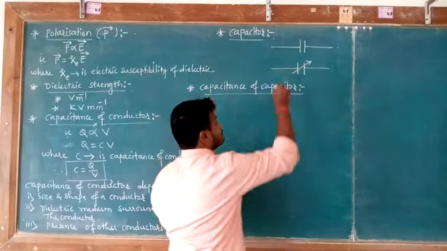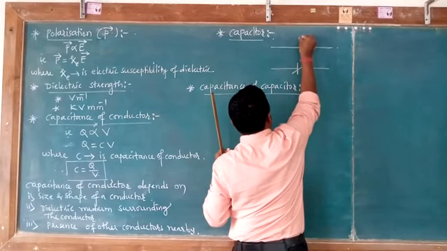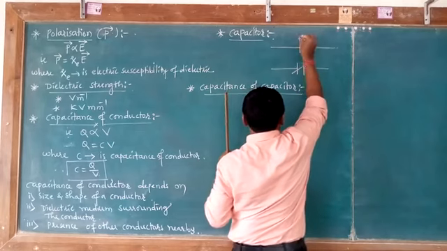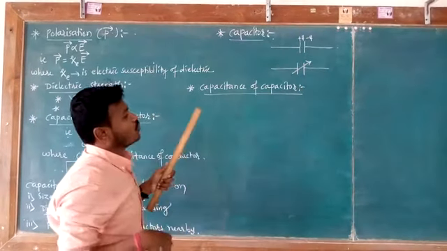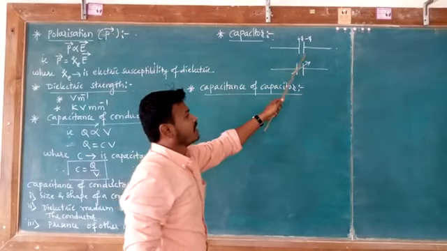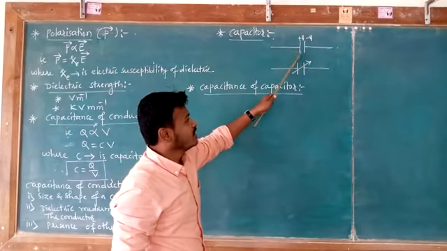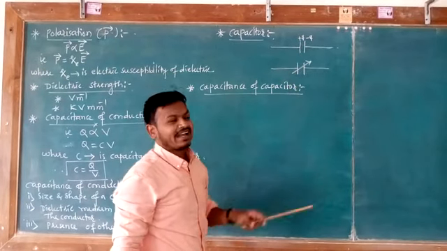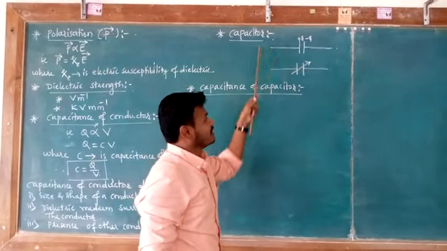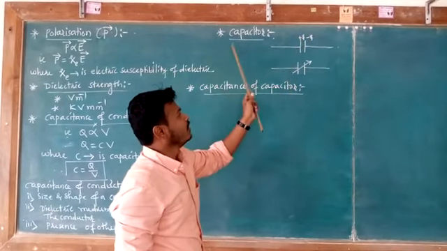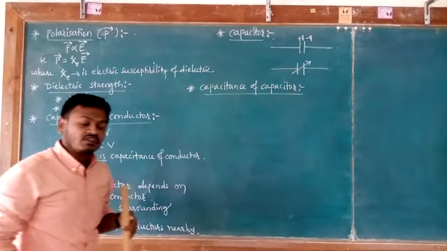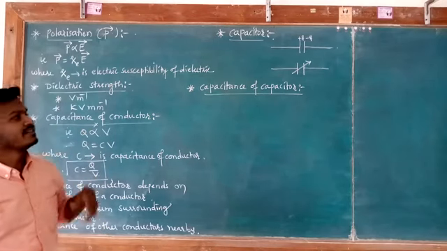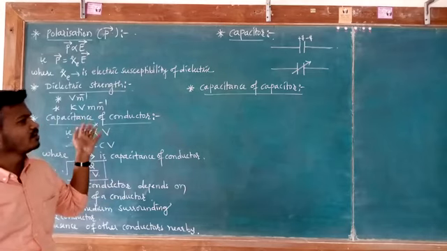For example, if the first conductor is charged with positive charge, the second conductor is charged by the battery with an amount of charge minus Q on its surface. It means these two conductors are a system of two conductors separated by an insulator, that is, separated by a particular dielectric medium. Therefore, this system is known as a capacitor, the device used to store electric energy or electric charges.